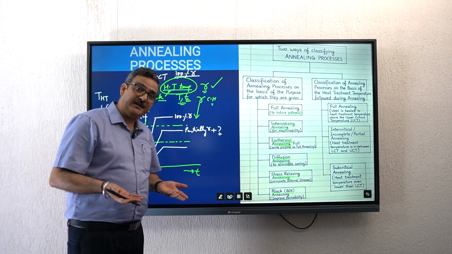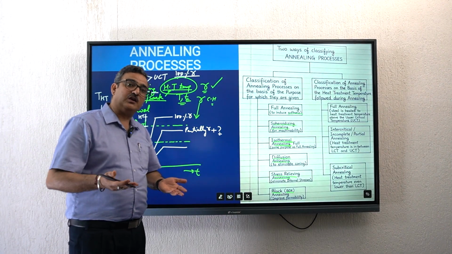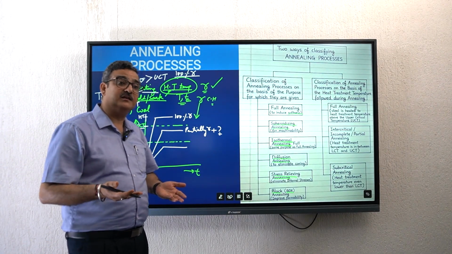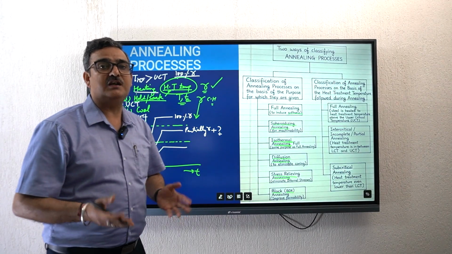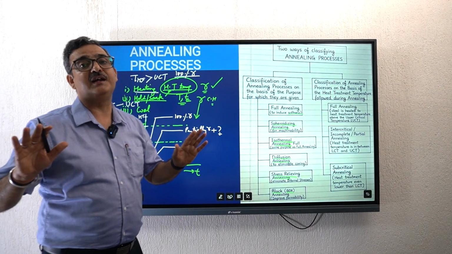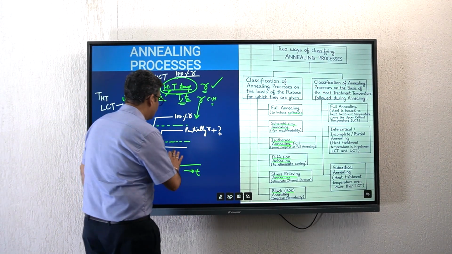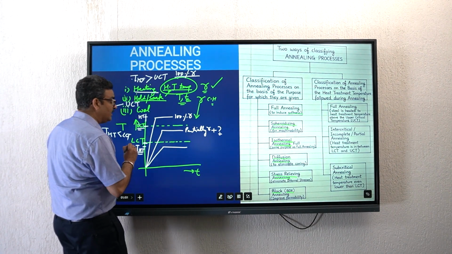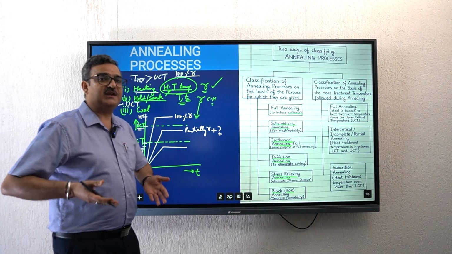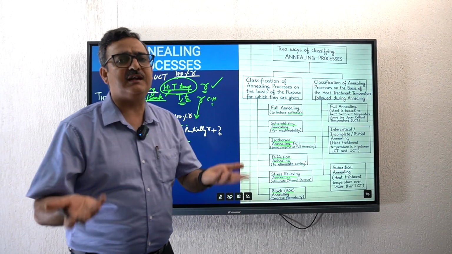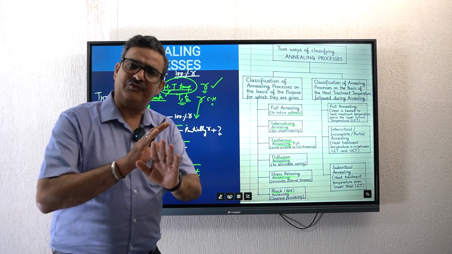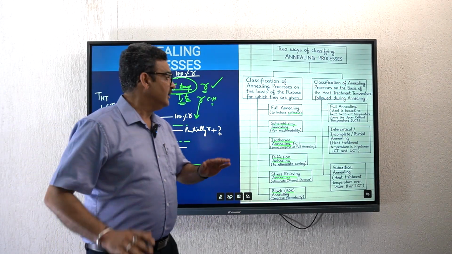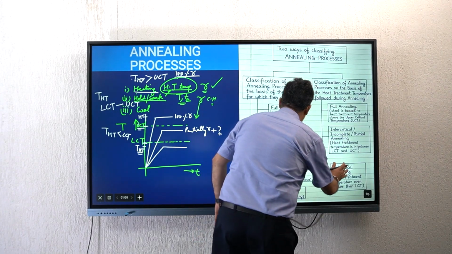So if during annealing you are not even reaching during heating the lower critical temperature of the steel, no phase transformation will take place. You will not have any austenite being observed in the microstructure of the steel at the heat treatment temperature. So if no austenite is seen, during cooling no austenite decomposition would occur. So no phase transformation would occur during subcritical annealing processes.